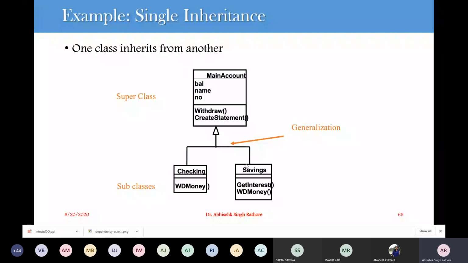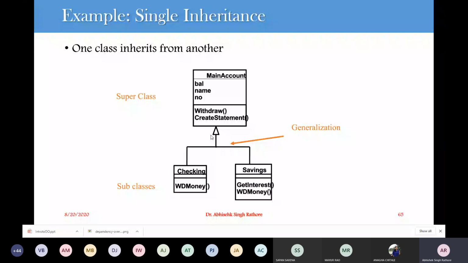So if these are of 2 bytes each, it also gets 6 bytes of information from the super class. And in addition, it has 4 operations available here. We'll put generalization as a triangle on the arrow.